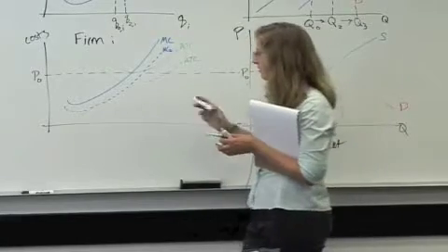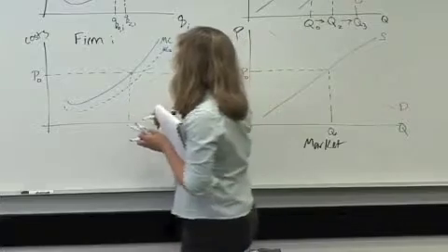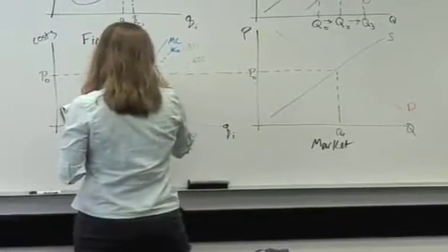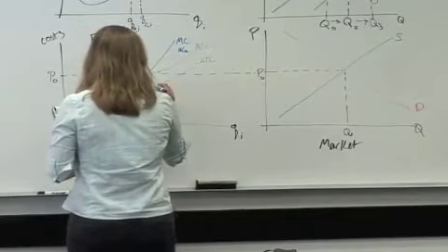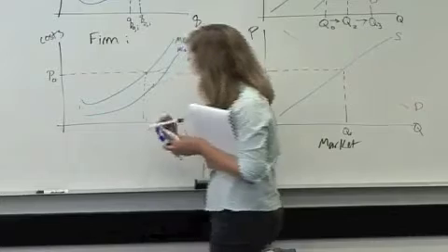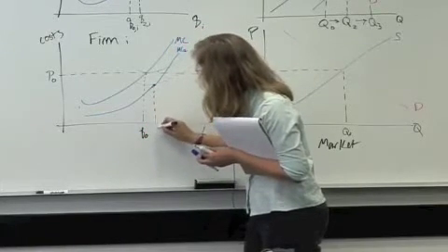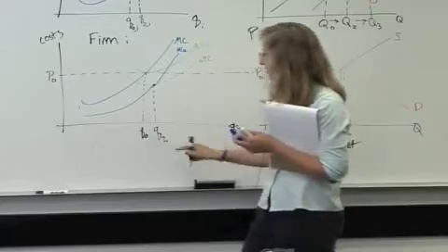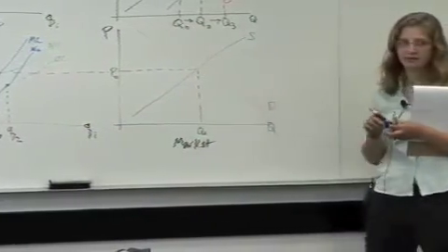Right? So we move from producing, wait, that doesn't make sense. Sorry. Right, so we're moving from producing Q0 to Q2, little Q2. So what's this going to look like on our market?